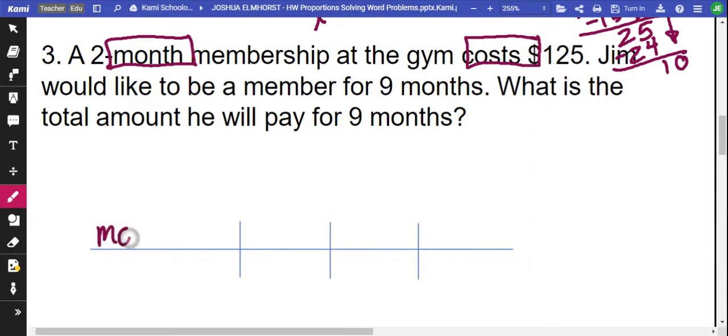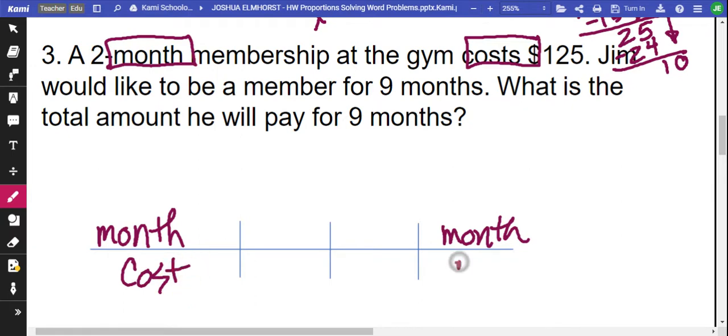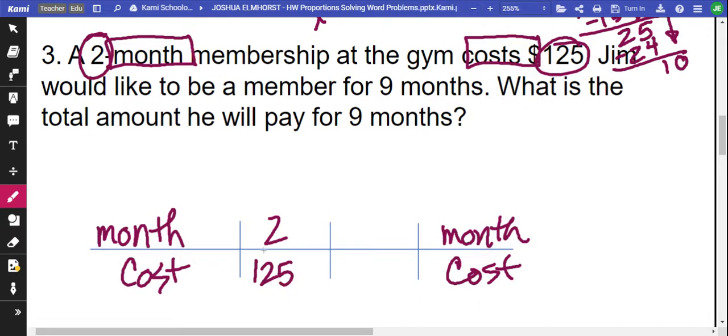We set up the rate down here. We have months, and then we also have cost. Okay. So starting with 2 months and $125 is the cost. And we look for within ratios, looking up and down. And then we need to look between ratios.